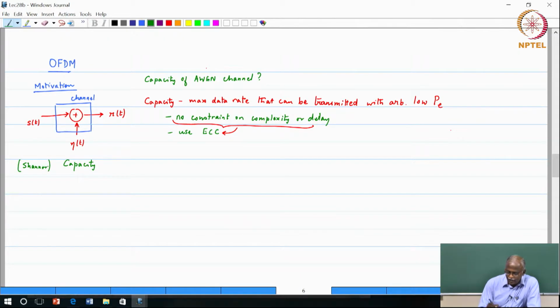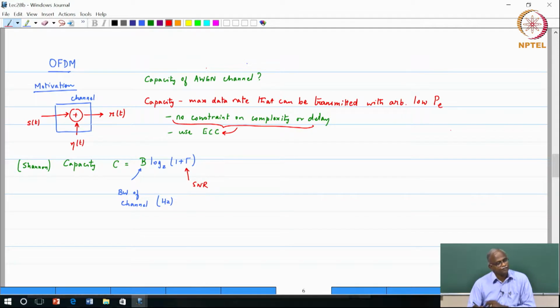The capacity of this channel, denoted C, is equal to B, the bandwidth of the channel in hertz, multiplied by log base 2 of 1 plus gamma, where gamma is the signal to noise ratio.